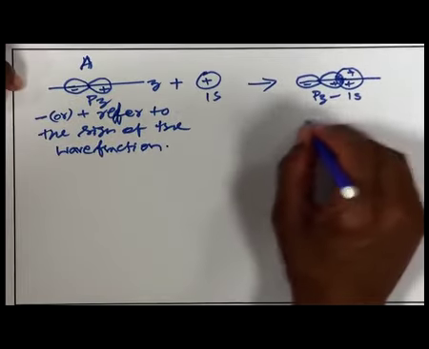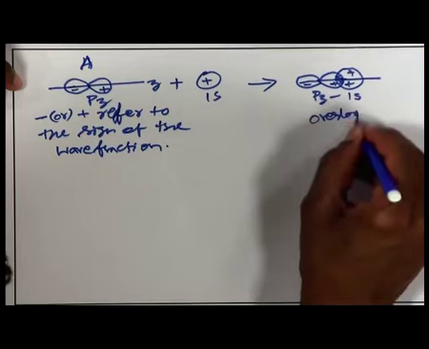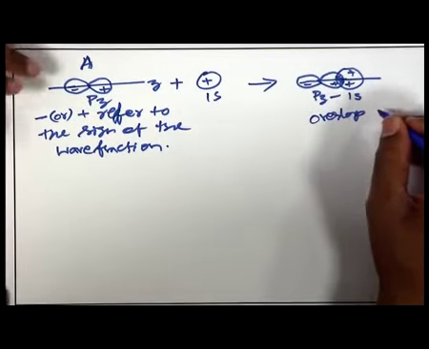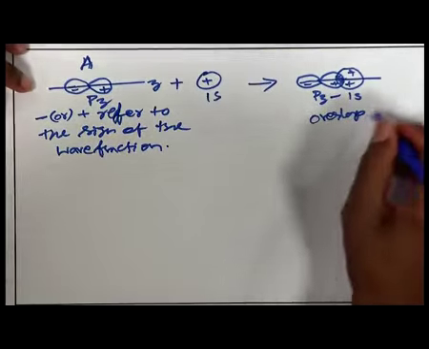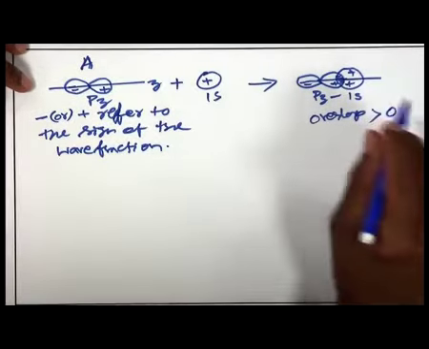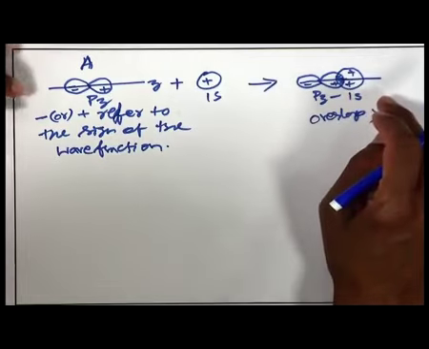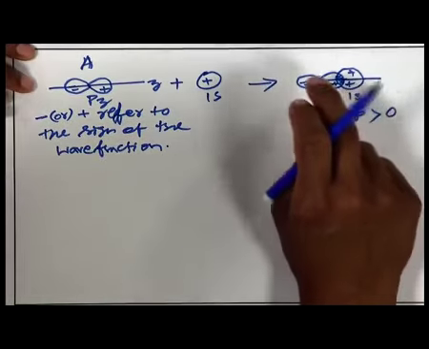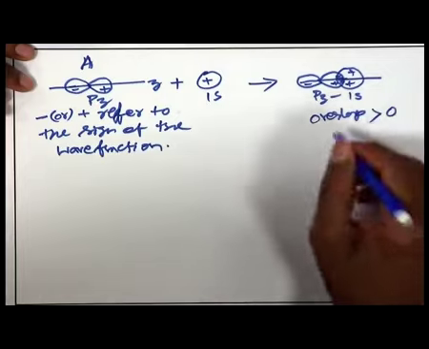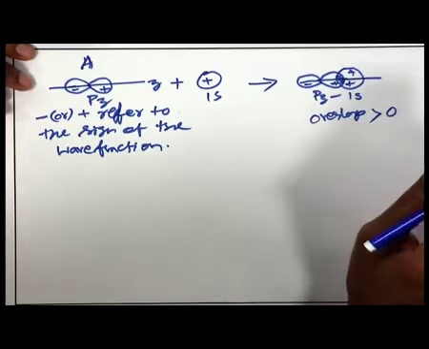So, here the overlap is positive, greater than 0. That means there can be a bond formation between this atom and this atom, because the overlap is greater than 0.